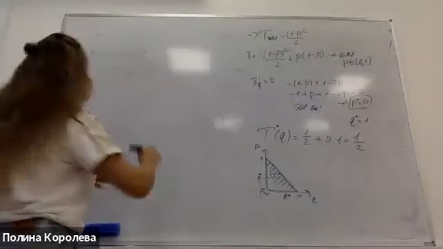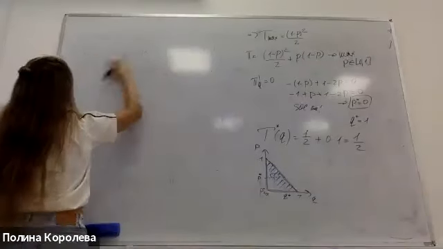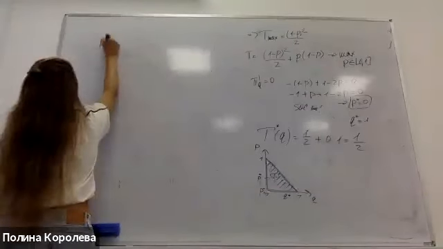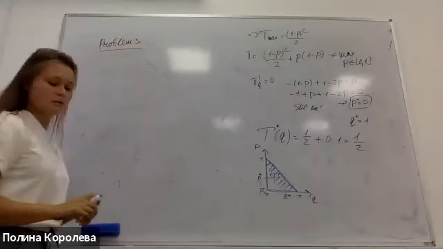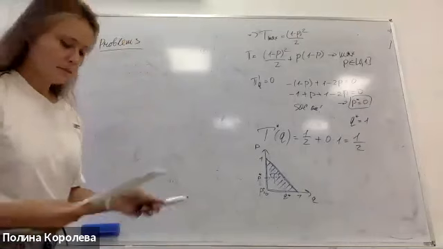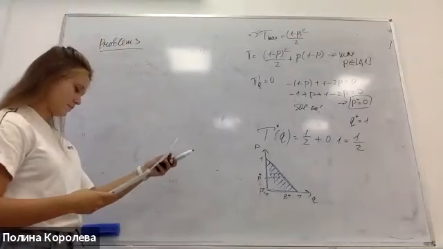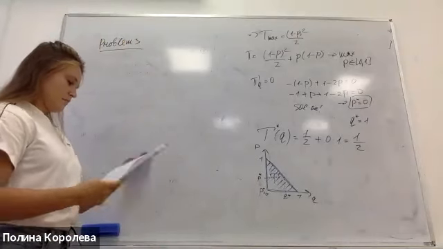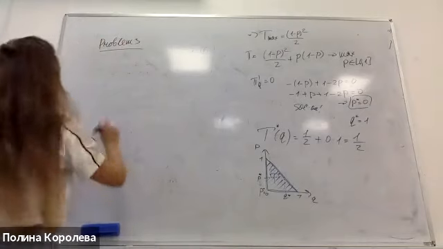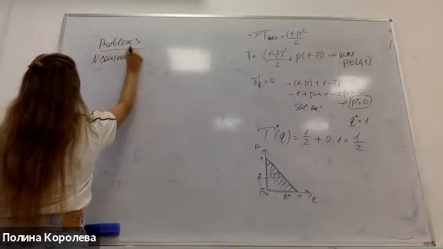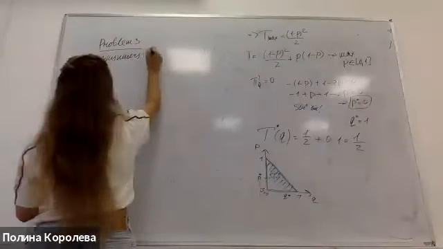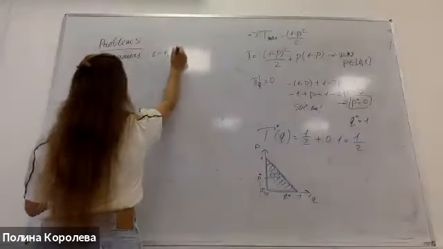Third task, problem 3, is about third-degree price discrimination. We have n consumers, i from 1 to n.